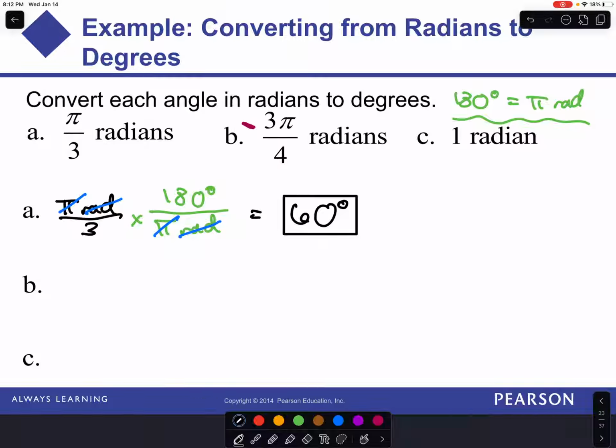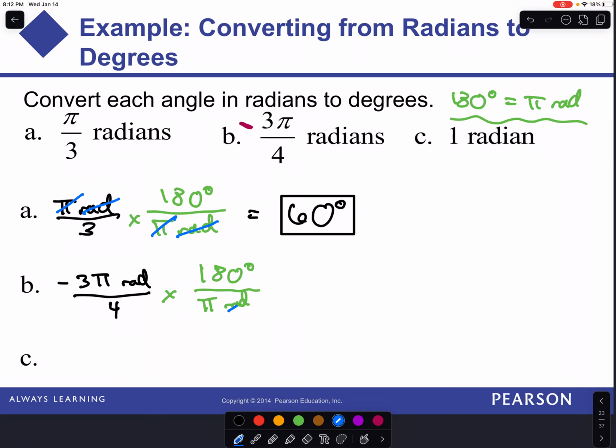Negative 3 pi over 4 radians. Okay. Because radians are on top, when we do our conversion, radians need to be on the bottom. Pi radians under 180 degrees.